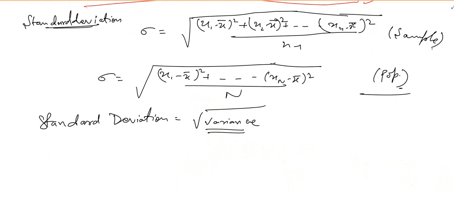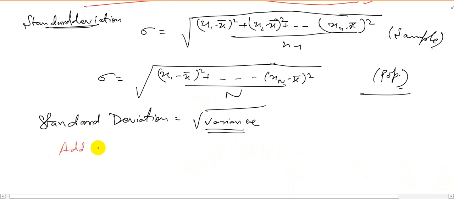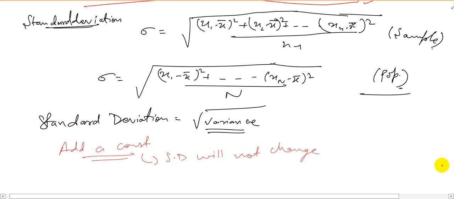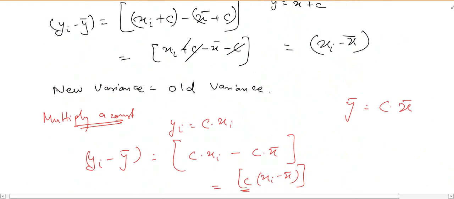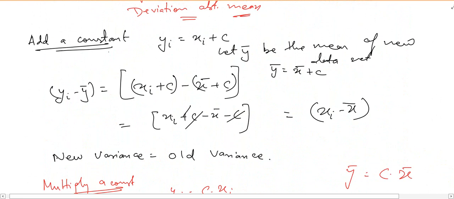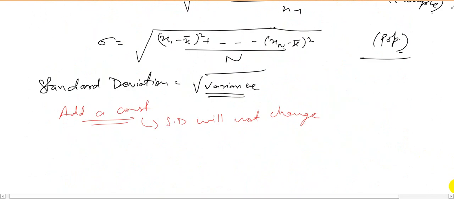If we add a constant, then the standard deviation will not change, as we have seen in the concept of variance, because the new variance is equal to the old variance, so the square root also will not change.